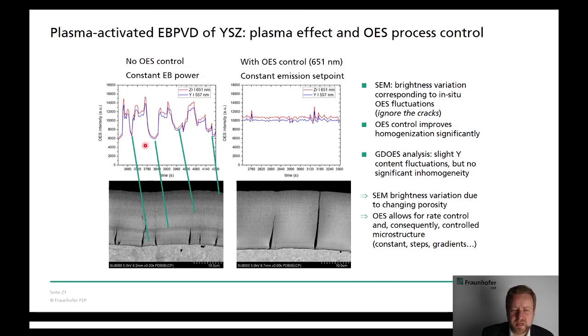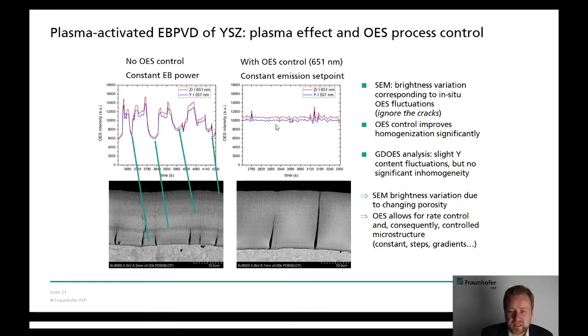So there's an up and down over the time of the optical emission, and this could be correlated also with darker and whiter stripes in the SEM picture. So we have regions of higher and lower porosity. It's not a change of composition, but of porosity in the coating, correlated to higher and lower deposition rate.